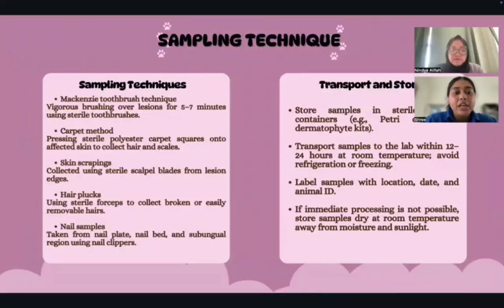Skin scraping is collected using a sterile scalpel blade from the lesion at the edges of the lesions. Hair plucks use sterile forceps to collect broken or easily removable hairs. And lastly, nail samples are taken from the nail plate, nail bed, or subungual region using nail clippers.